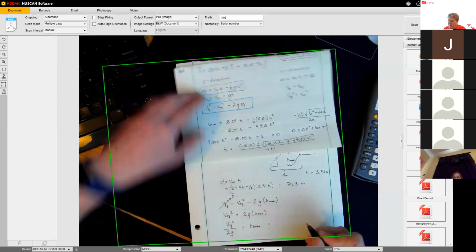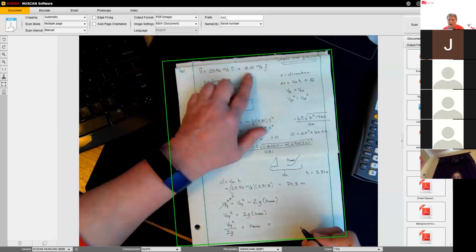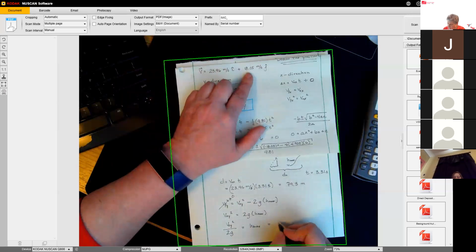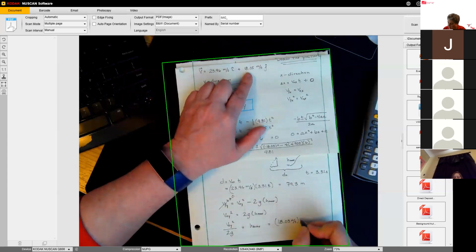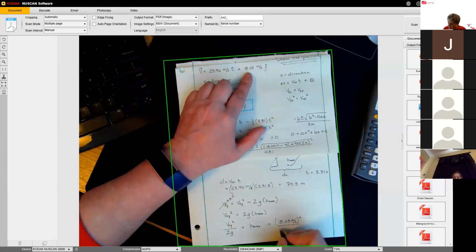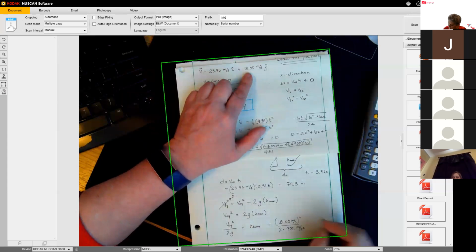This is going to be, now I go back to my y velocity, 18.05 meters per second. I'm going to square that. I'm going to divide by 2 times 9.81 meters per second squared. So I'm going to end up with meters squared over seconds squared divided by meters over seconds squared.